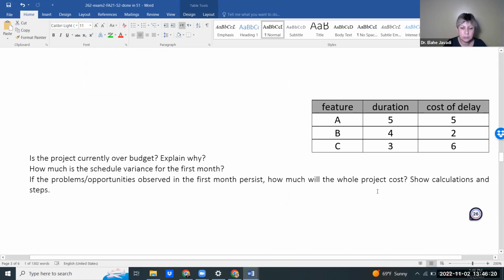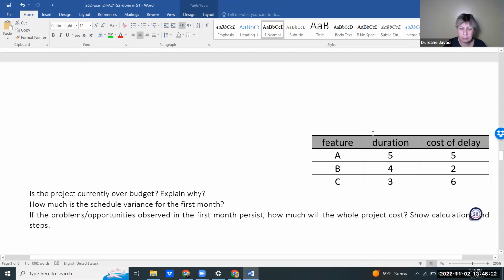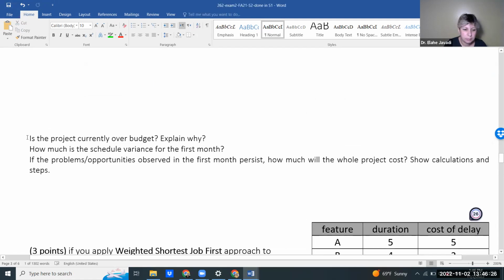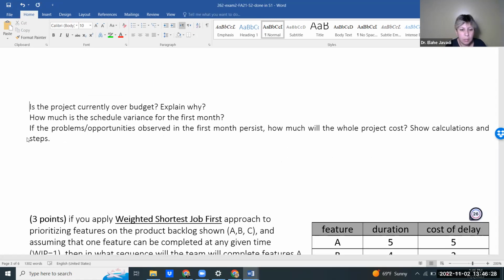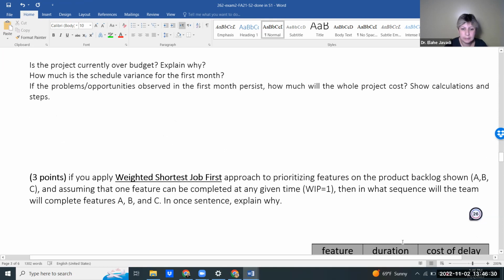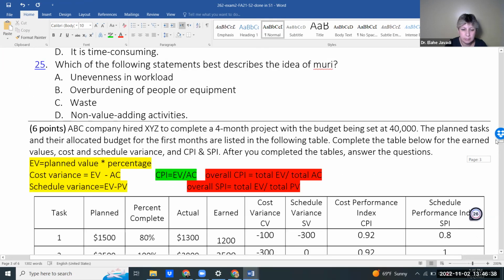How much is the schedule variance for the first month? I'm going to push that down. This part of the next question: how much is the schedule variance for the first month? Are you able to see that, Dan, on your side? Or if I scroll up on my side? Let's see. No, not control V, control enter.